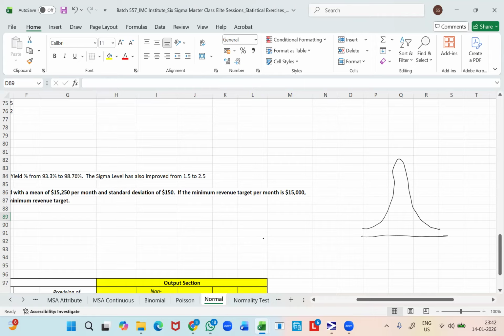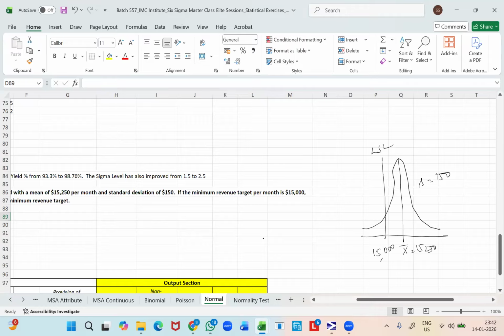Now what is the mean? Mean is 15,250 and the standard deviation is 150. And what is the minimum revenue target? It is 15,000. And I told you that the minimum revenue target is what we need to consider as the lower specification limit.